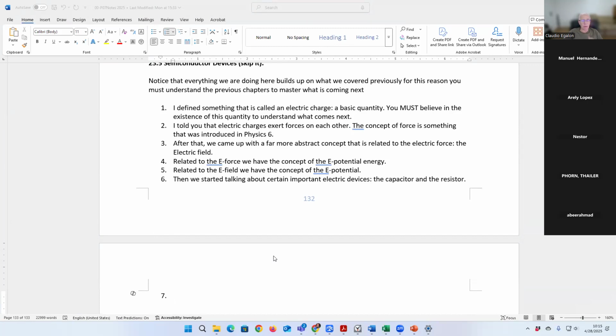Both devices use the concept of electric field and electric potential.